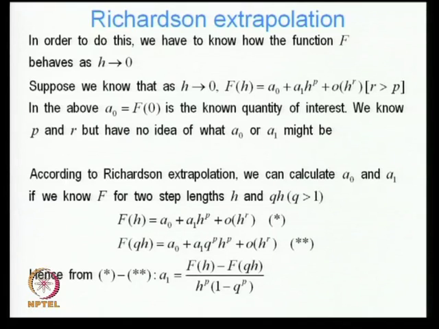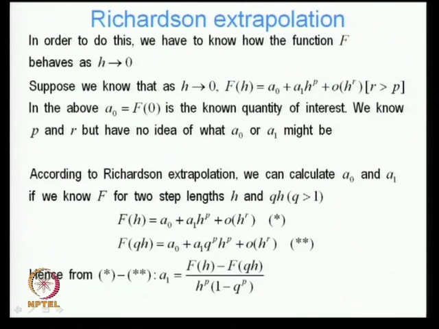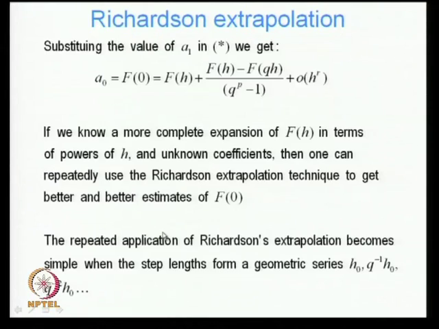Using these f of h and f of qh, I can solve this set of equations to find out my a1. Once I find out my a1, substituting the value of a1 in this equation, I can find out a0, and once I know a0, I know what f0 is.